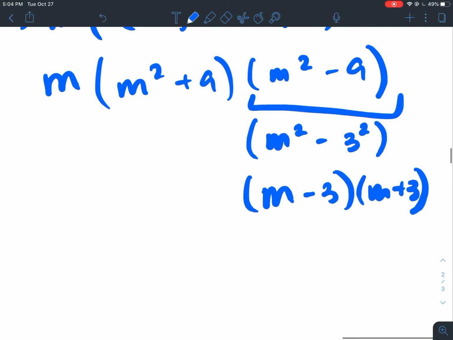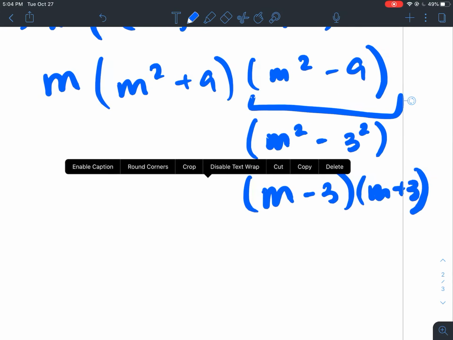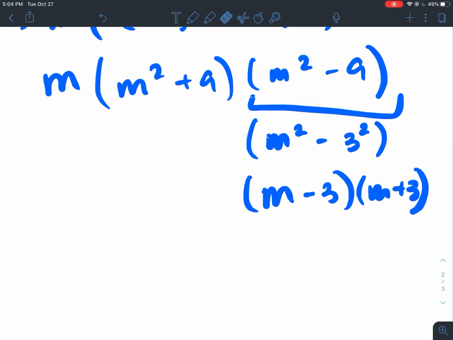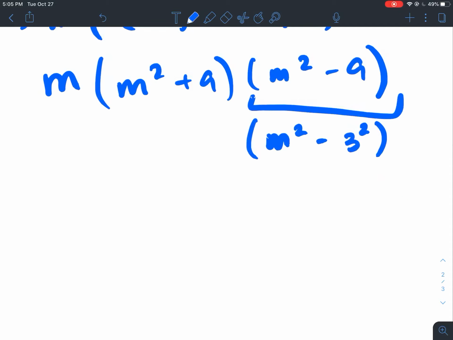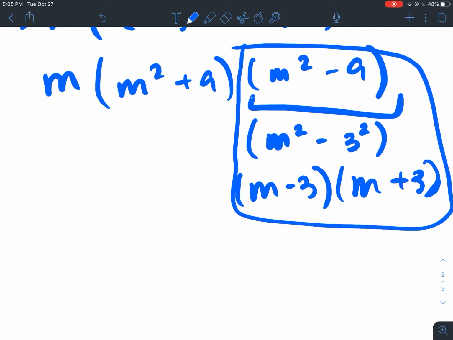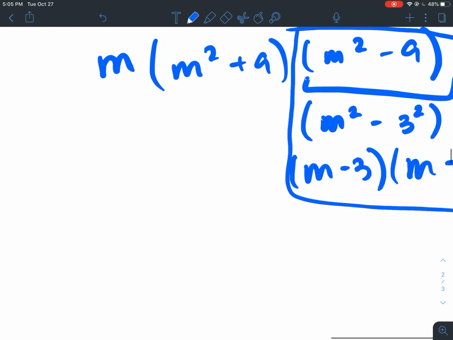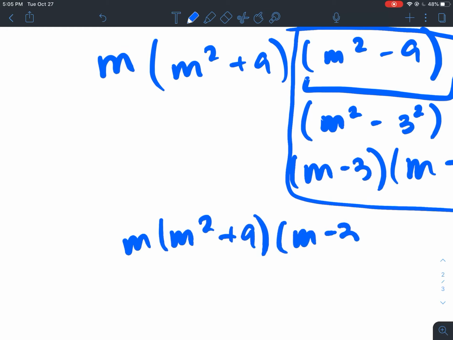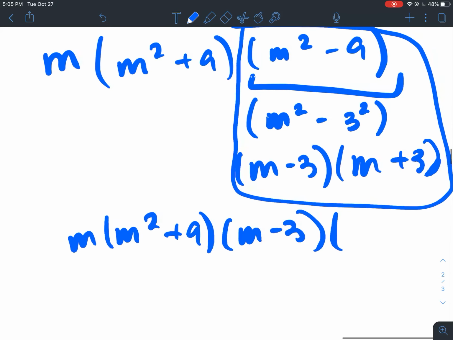So just like that. Let me rewrite that. So m minus 3 and m plus 3. Okay, so I just broke that down into that part right there. So all my factors together are m squared plus 9, m minus 3, and m plus 3.